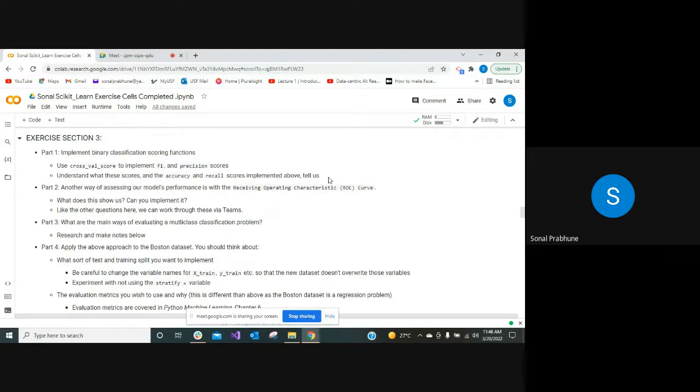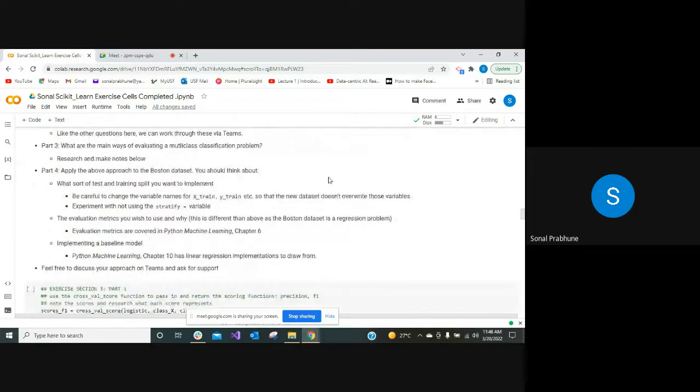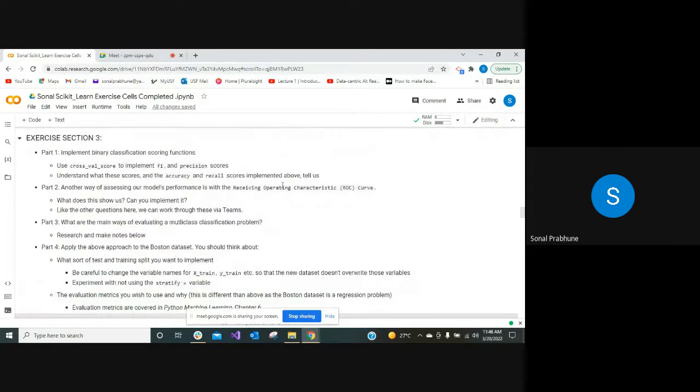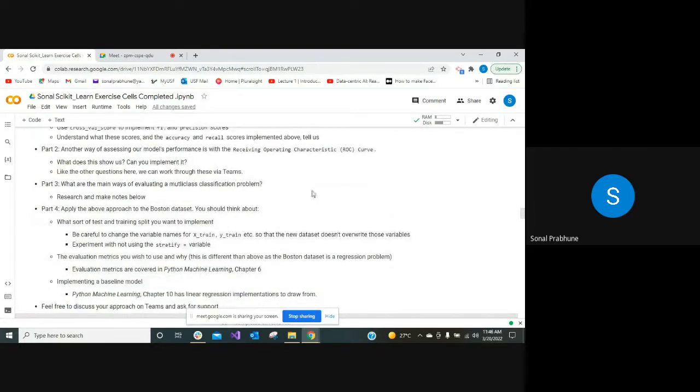We were supposed to use that, and also the receiver operating characteristic curve, and find out what that means. I found out the receiver operating characteristic curve is mainly used when we want to find diagnostic accuracy.